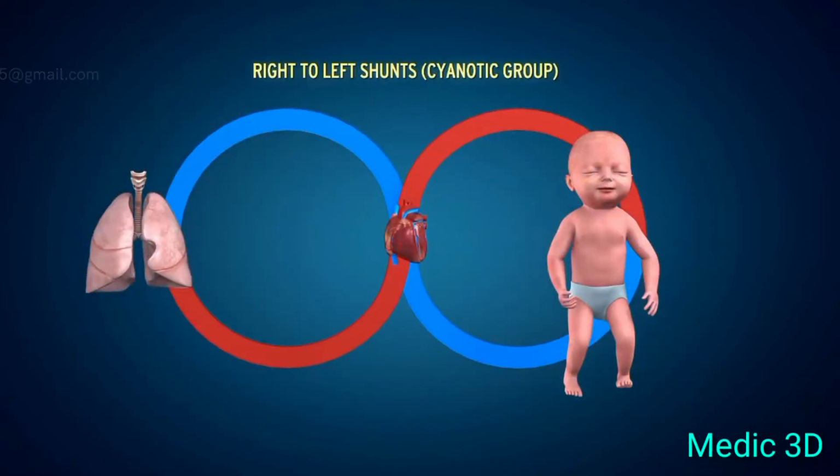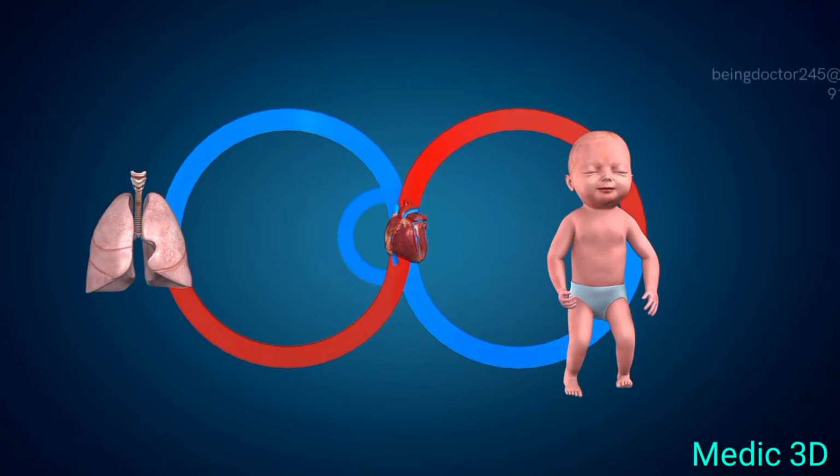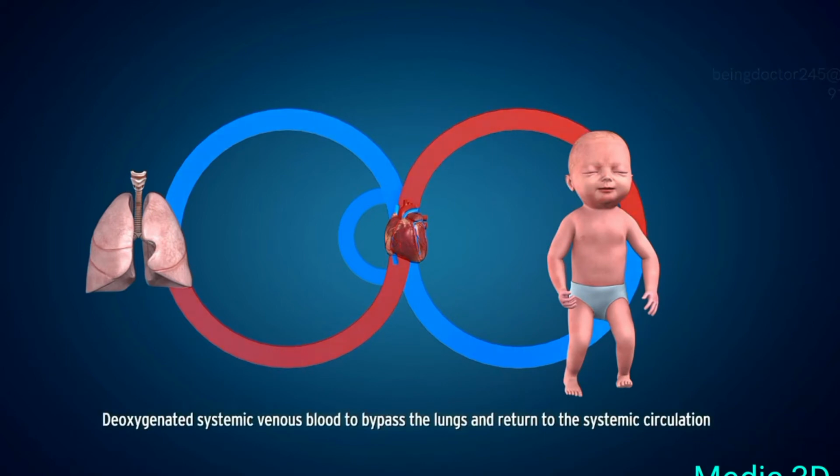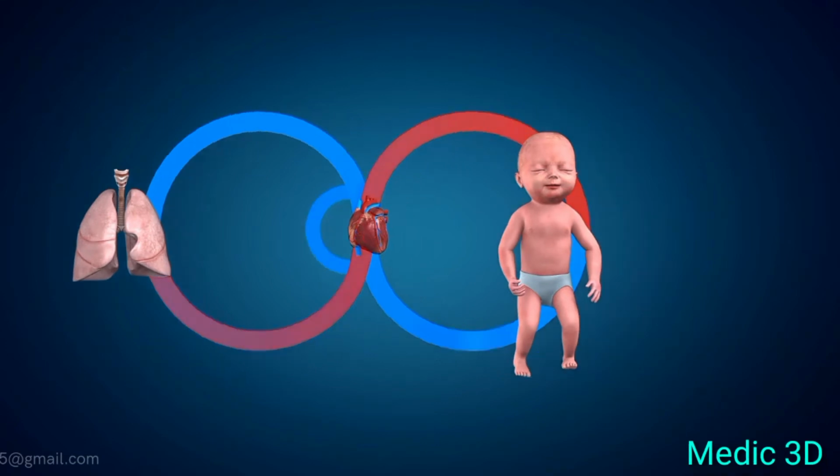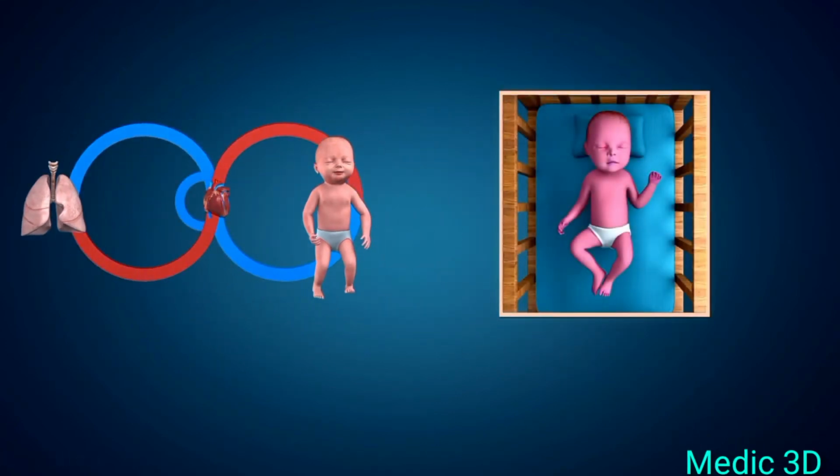Right to left shunts, cyanotic group. There is shunting of blood from the right side of the heart to the left side, allowing deoxygenated systemic venous blood to bypass the lungs and return to the systemic circulation. Due to presence of poorly oxygenated blood in the systemic circulation, cyanosis occurs.